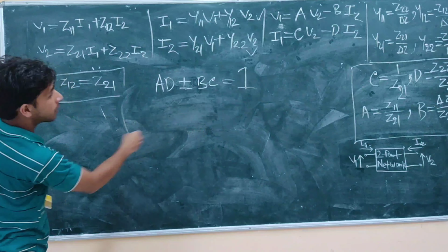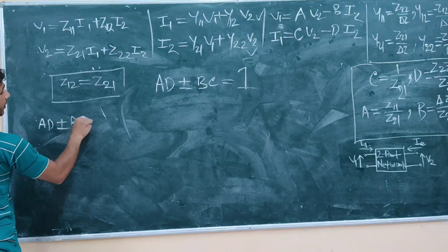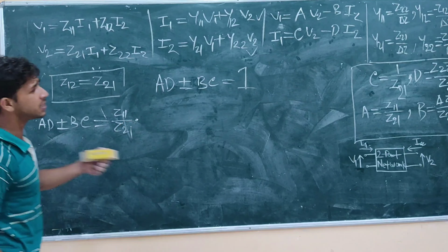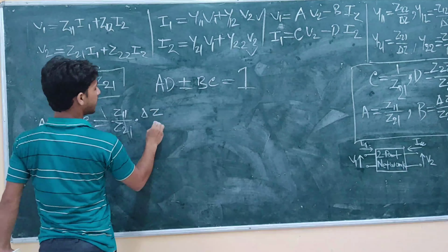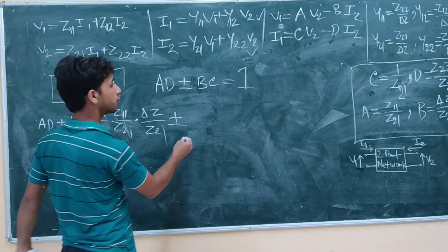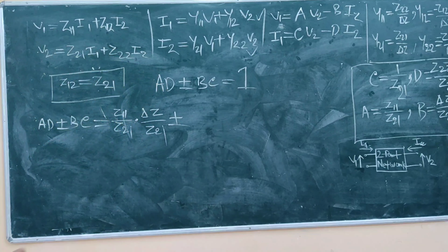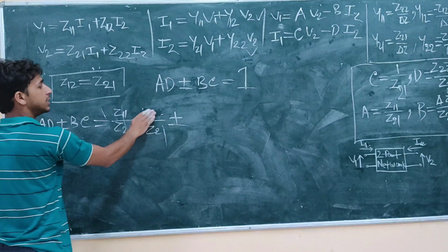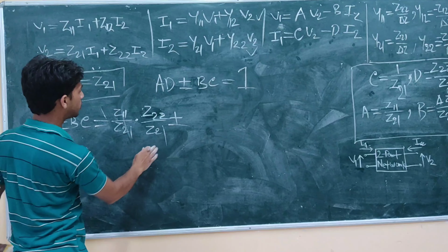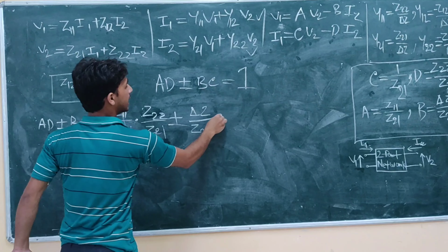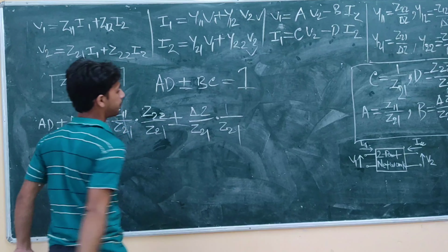So let's take AD. A is nothing but Z11 by Z21 and D is Z22 by Z21, and plus minus we have B times C. B is delta Z by Z21 and C is 1 divided by Z21.